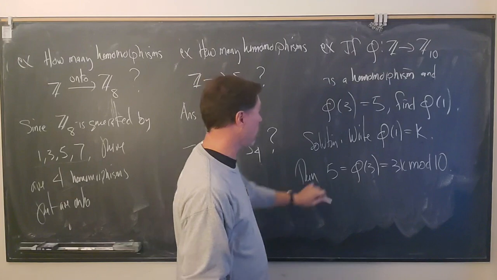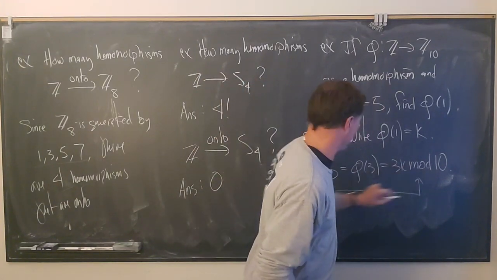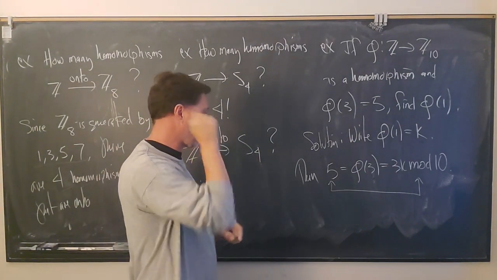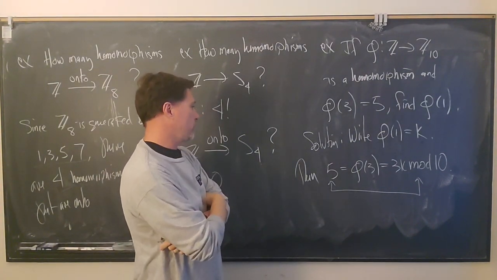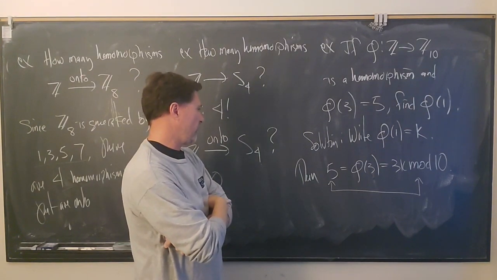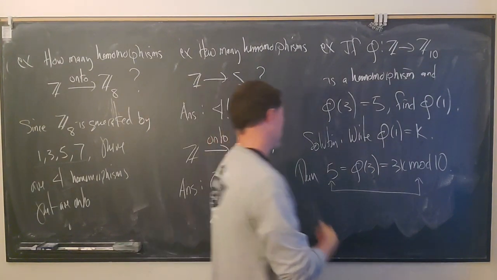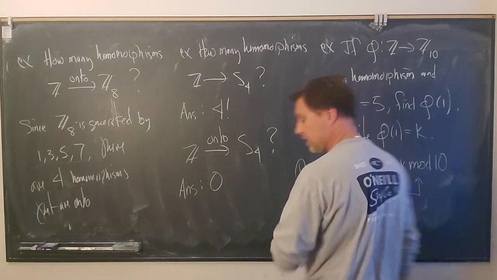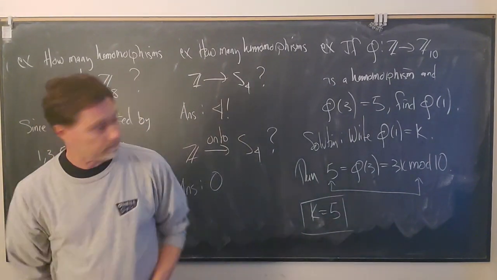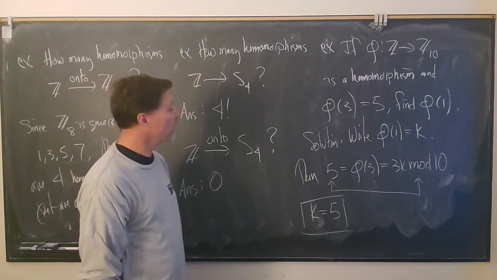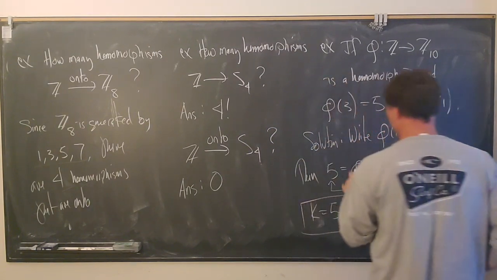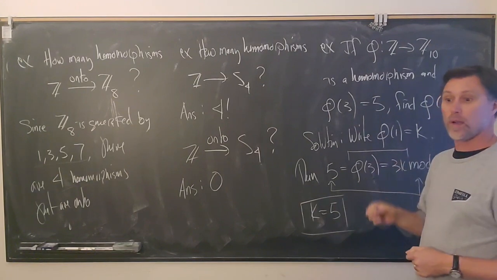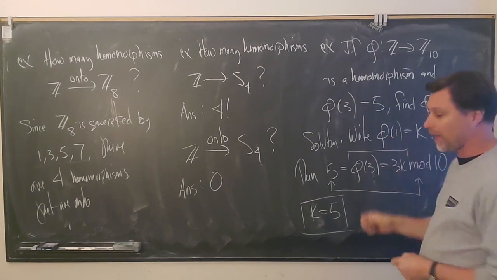And so we need to solve this equation: 5 equals 3k mod 10. Now we can just eyeball it. 1, no, 2, 3, 4, 5, 15 mod 10 is 5. Oh, so k equals 5 is the solution. All we use here is the fact that we have a homomorphism, and so if phi of 1 equals k, then phi of 1 plus 1 plus 1 has to equal k plus k plus k.